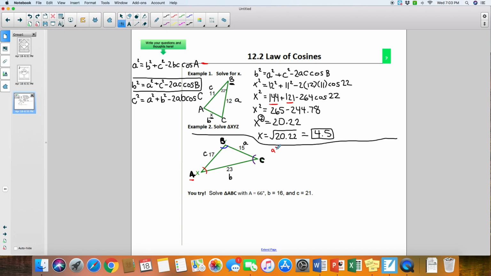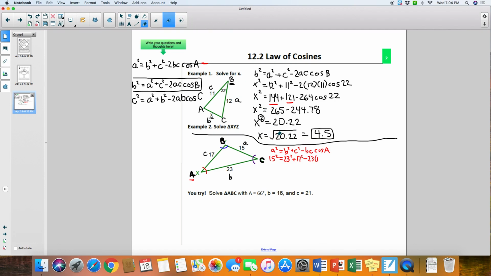That would be a squared equals b squared plus c squared minus bc cosine of A. Now I'm going to substitute. a is 15, so this would be 15 squared. b is 23, so that's 23 squared. c is 17. Little b is 23. Little c is 17. And I missed the 2.